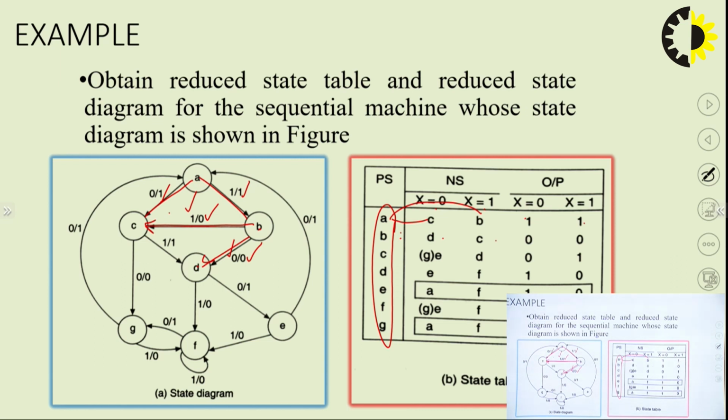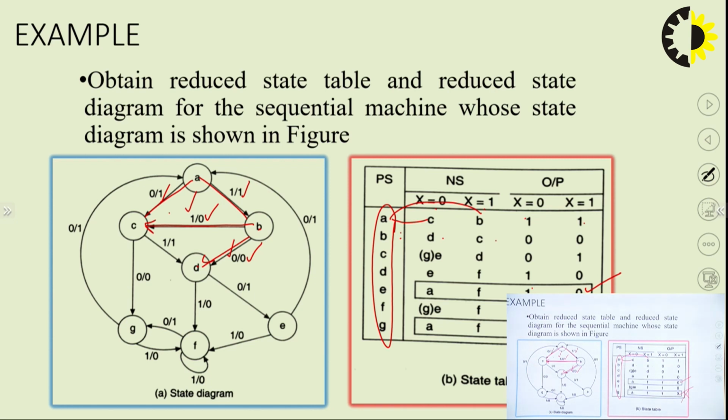While making this state table, again we have two rows as same, AF10, AF10. So if two rows are same, then I will definitely remove one. So I have decided to remove this one.